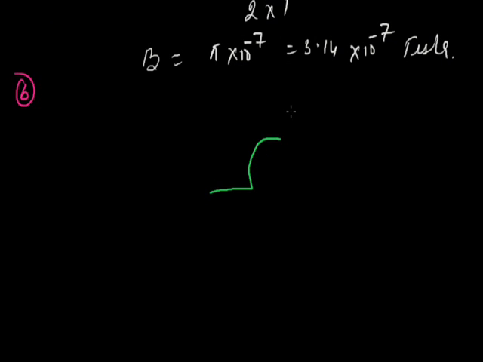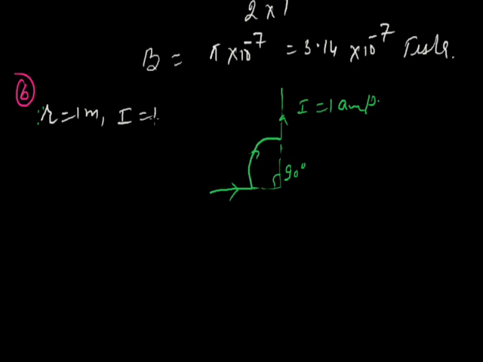The angle subtended by the circular part at the center is 90 degrees. Current I is 1 ampere and R is the same, 1 meter. Number of turns N is 90 by 360, that's 1 by 4.